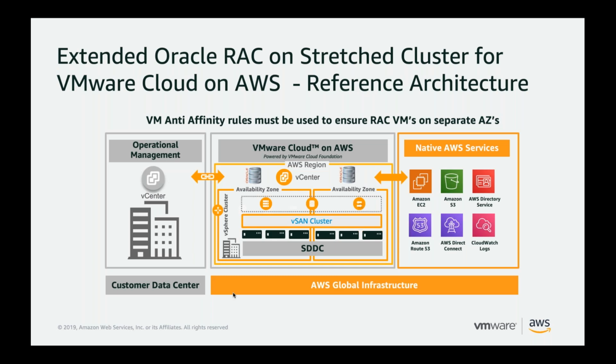So an important aspect of any Oracle RAC configuration on a VMware SDDC setup, and this is not just for the traditional Oracle RAC, it also applies to the extended Oracle RAC, is to ensure that the Oracle RAC virtual machines are not scheduled on the same physical ESXi server. The reason being, it negates the HA proposition that the VMware SDDC has to offer.